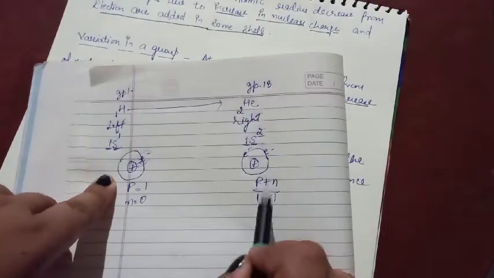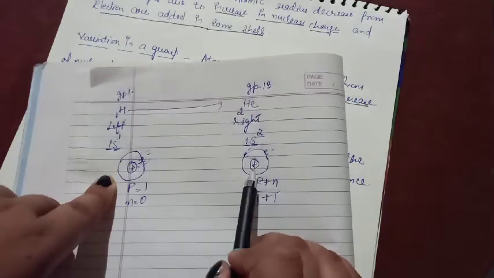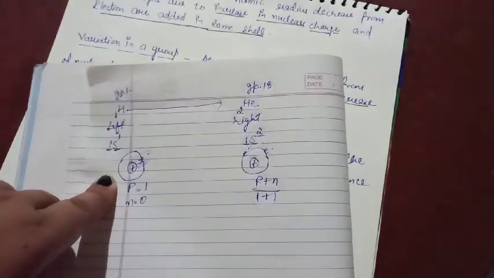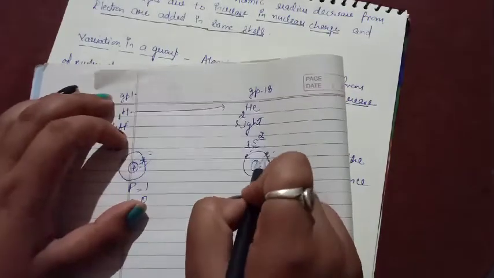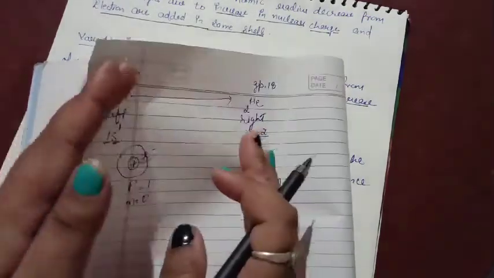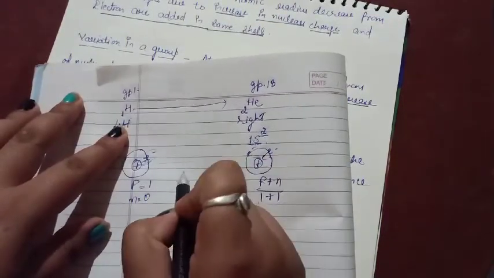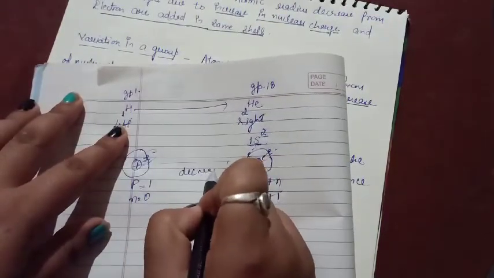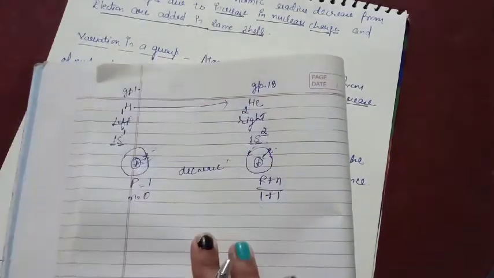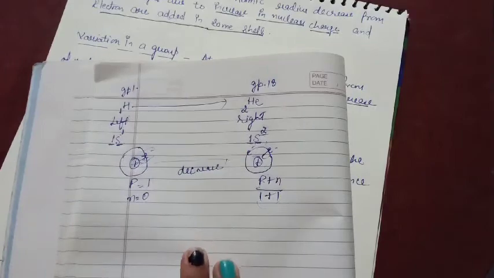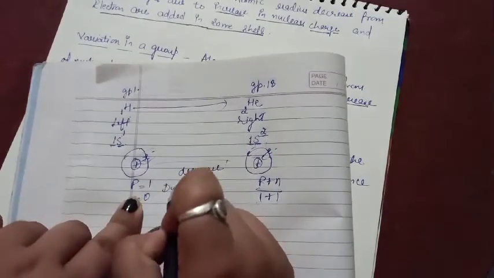So the more the nuclear charge, the more hold the nucleus has on the outermost electron, so it attracts with more power toward itself, and the size decreases. So the atomic radius will decrease when we move from left to right. The reason is the increase of nuclear charge.